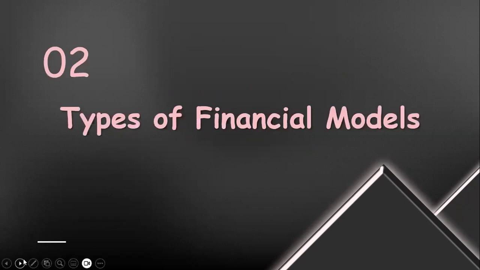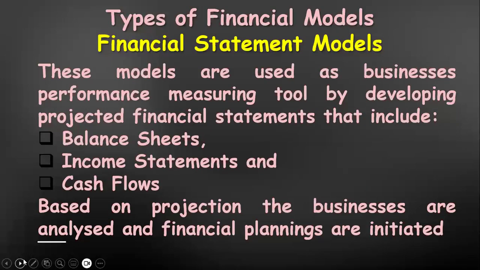Now, today we are going to cover the types of financial modeling. First of all, financial statement model. These models are used as the business performance measuring tool by developing the projected financial statement.